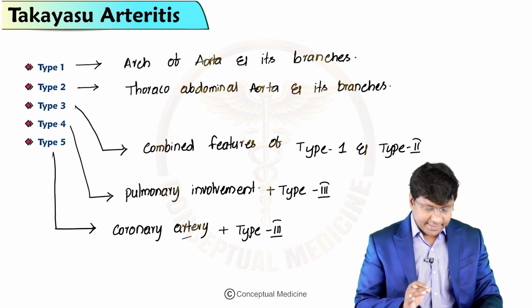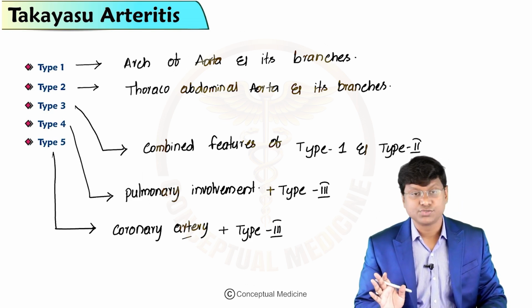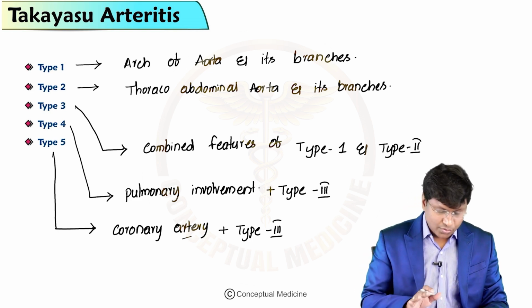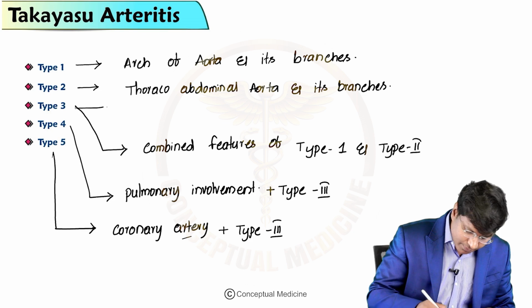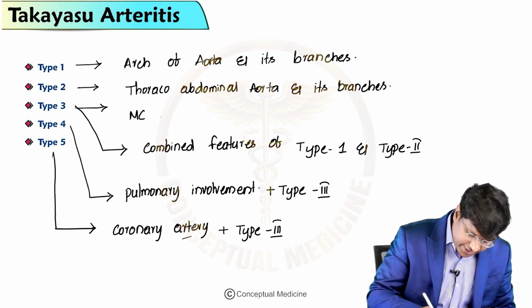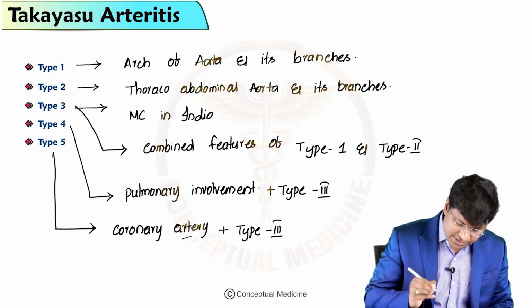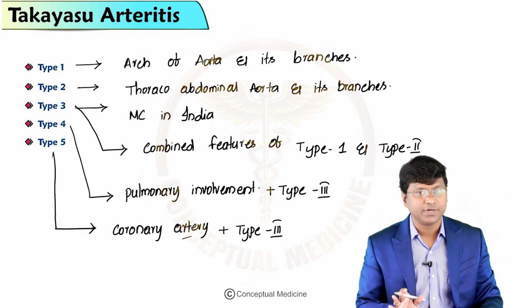So that will be your type 5 Takayasu arteritis, right. So, out of which is most common in India? Most common in India is type 3 Takayasu arteritis.